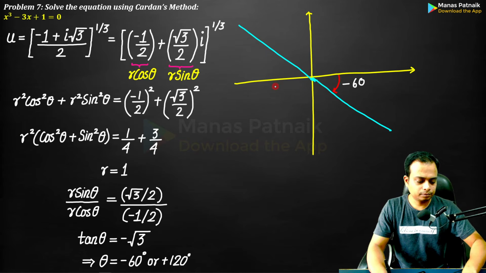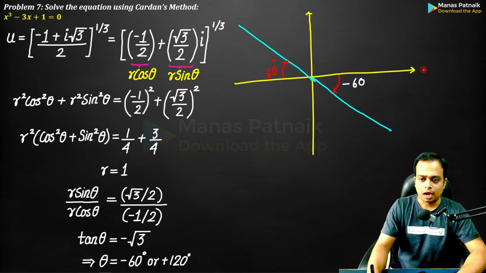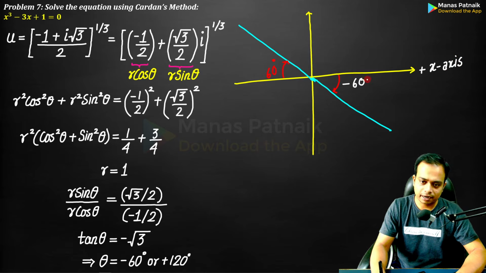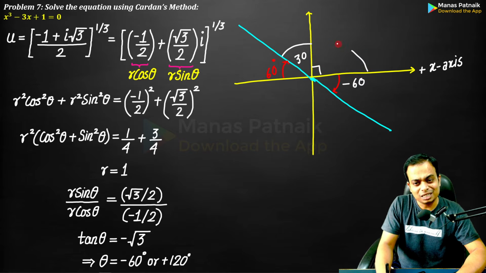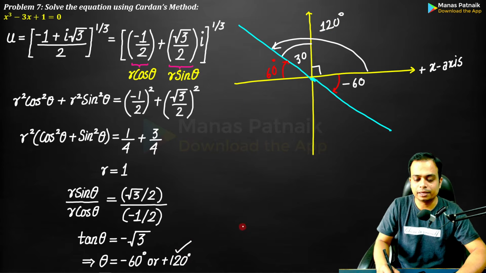What is the angle over here? So this also has to be 60 degrees magnitude wise. I mean, whenever you calculate angles, always do it with respect to the positive x axis. That is the standard. Sir, if this is 60, this has to be 30. Sir, this is 90. So this entire angle with respect to the positive x axis has to be 120 degrees, and that's why you see 120 degrees over here.